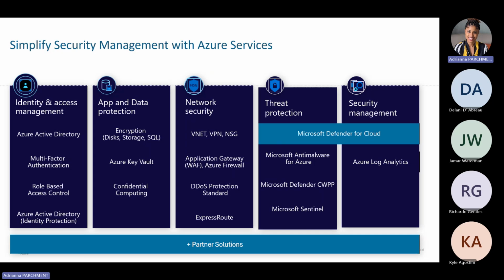To recap, then, we have the security tools that have been built in across the layers in Microsoft, where we have identity and access management, which comes in with Azure Active Directory, formerly known as Azure Active Directory, now Entra ID.